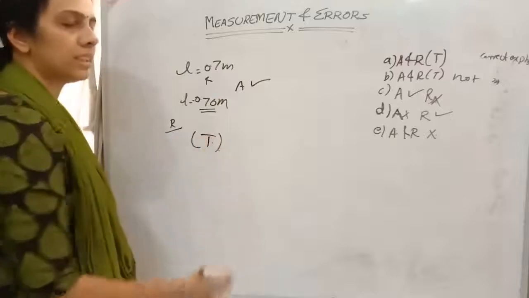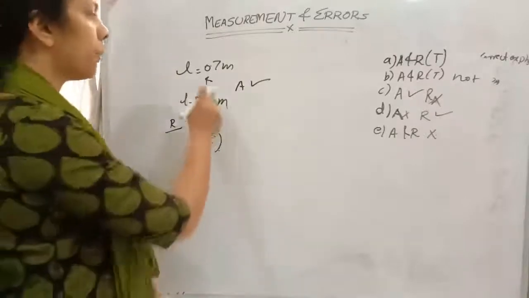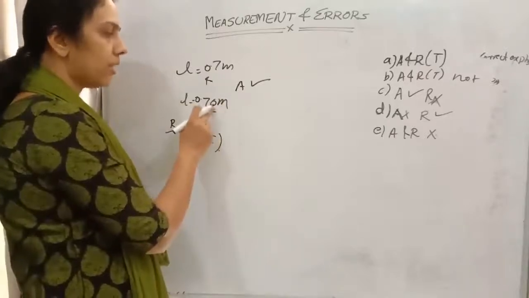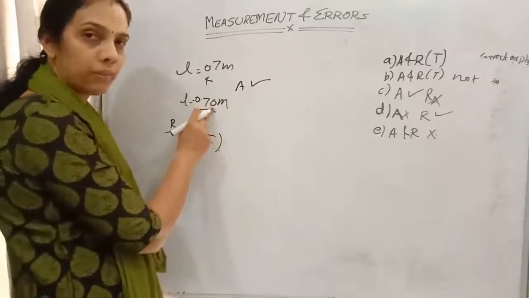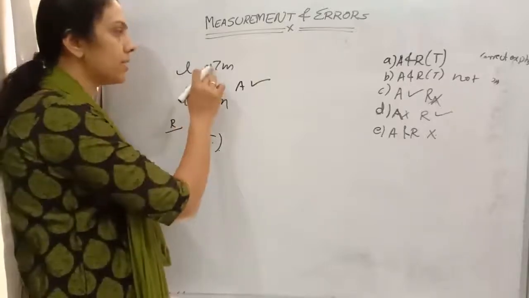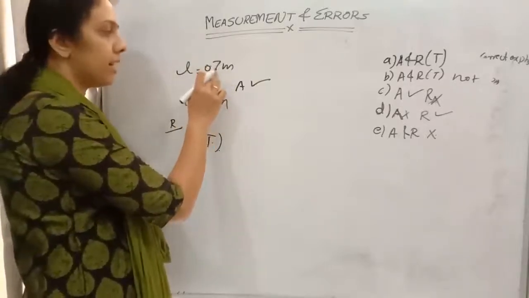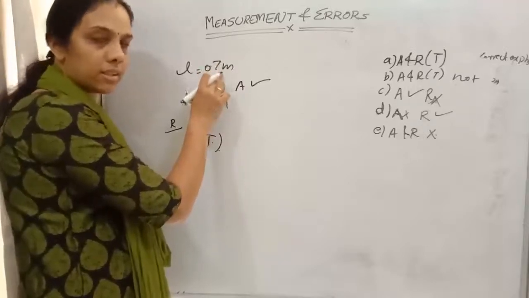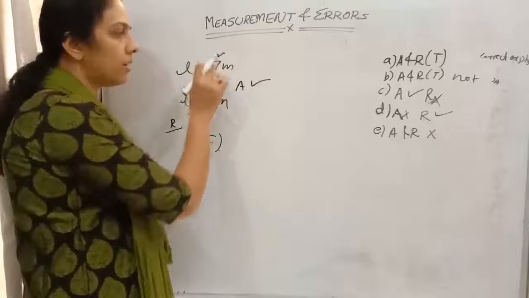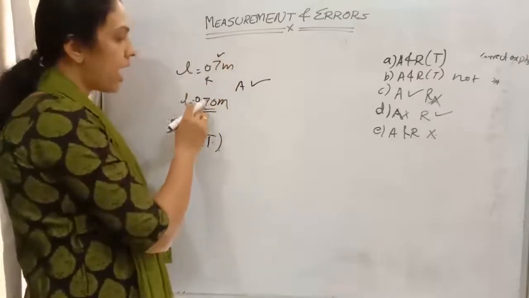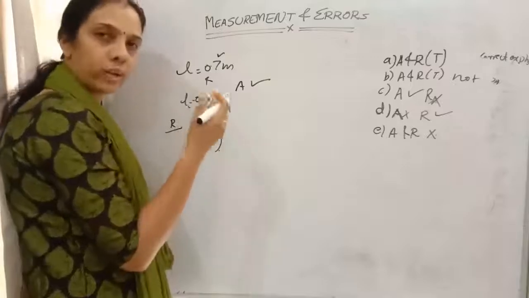But here 0.7 and 0.70 meter, this one is more accurate, as given. Is the reason explaining the correct reason? Here in 0.7, the 7 is not accurately known and in 0.70, the 0 is not accurately known.